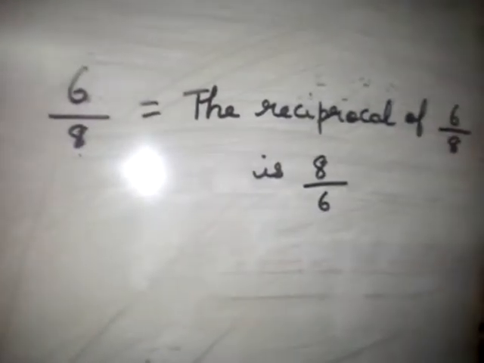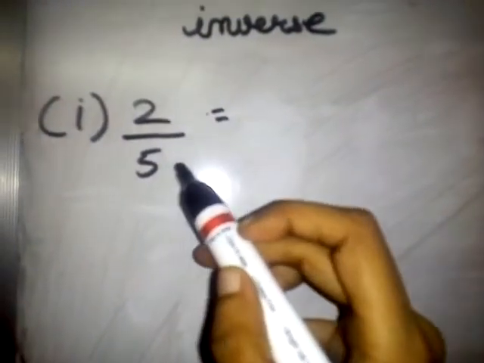6 upon 8. The reciprocal of 6 upon 8 is 8 upon 6. Got it? Now you have to write the multiplicative inverse of this number, 2 upon 5.